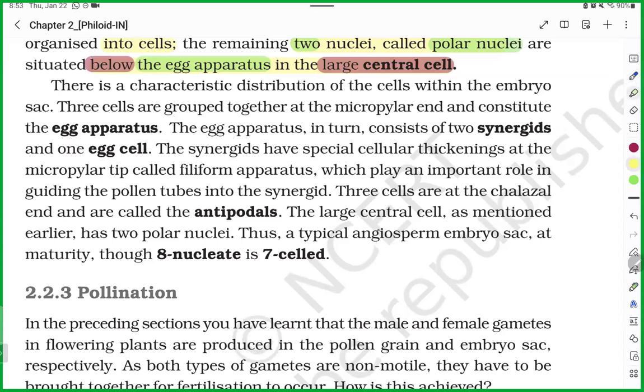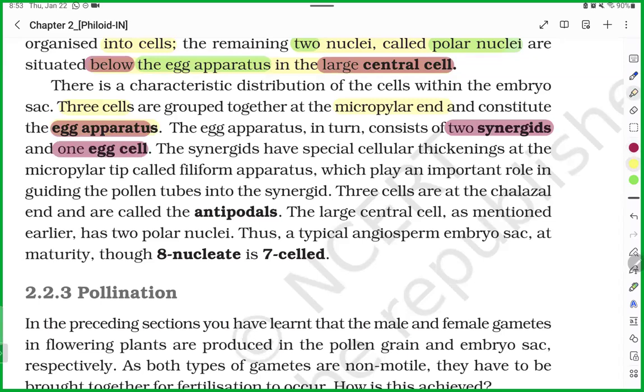Next. If you see the distribution of the cells, 3 will be grouped at the micropylar end and are known as the egg apparatus. Remember, the egg apparatus includes both the synergids, which I explained in the diagram, and one egg cell.